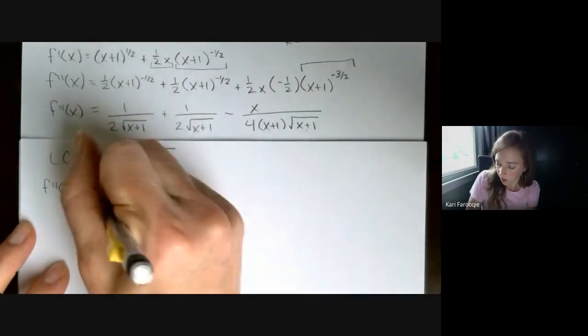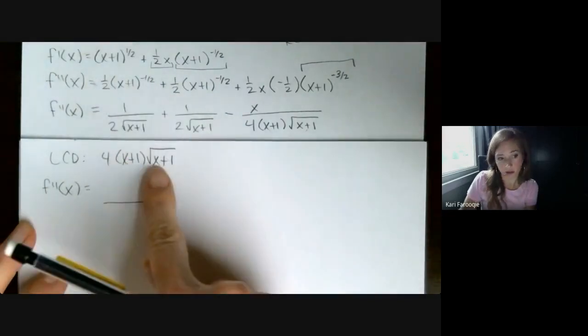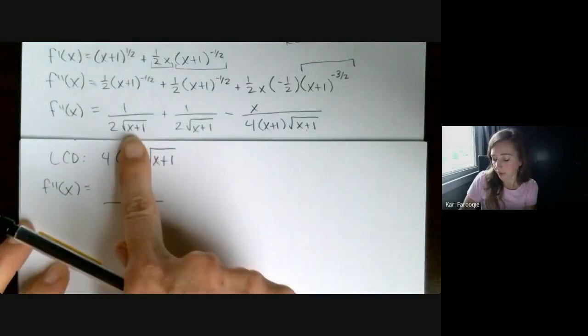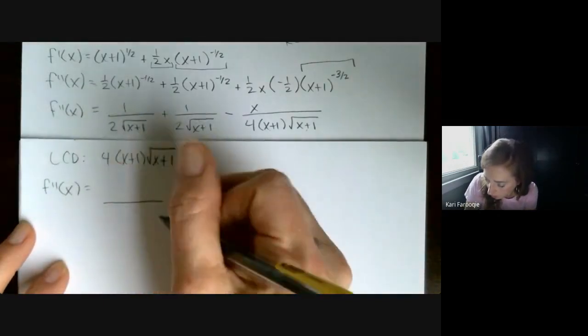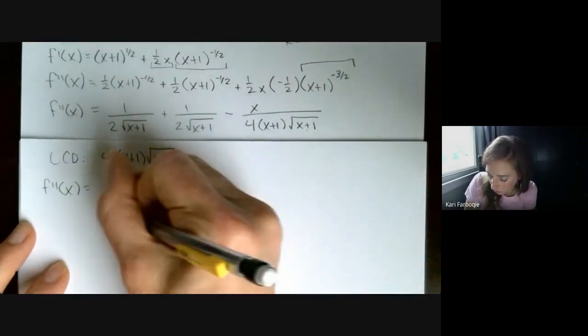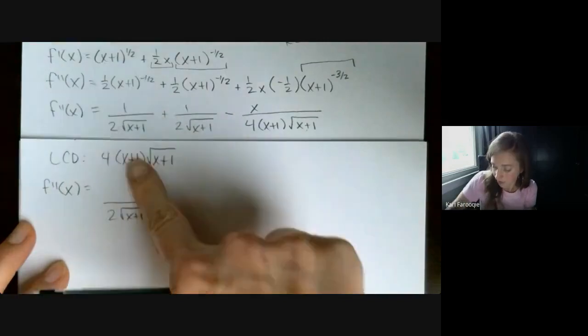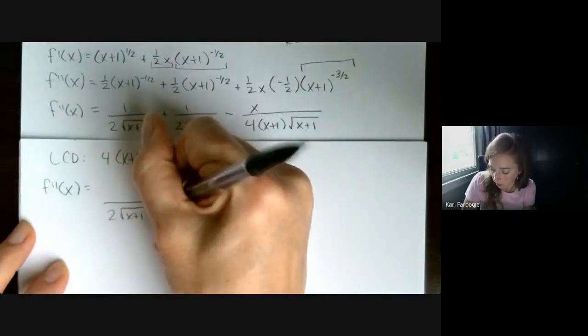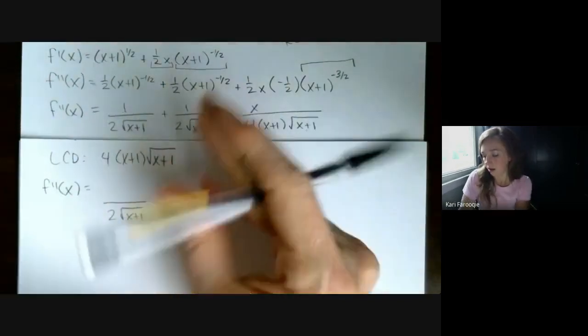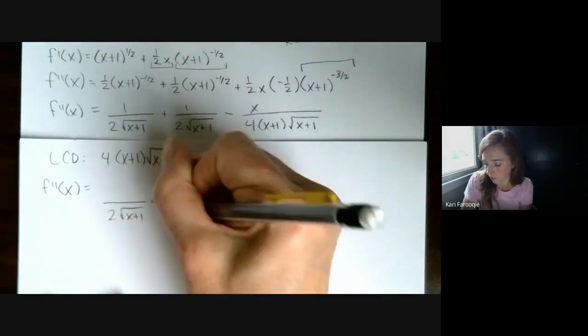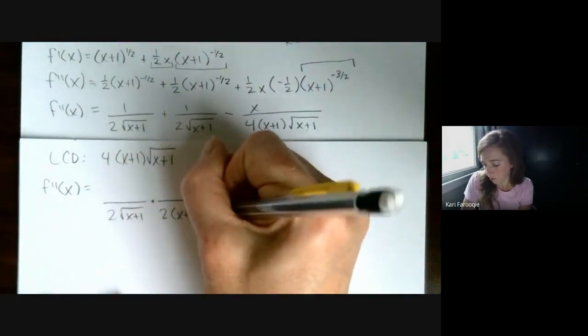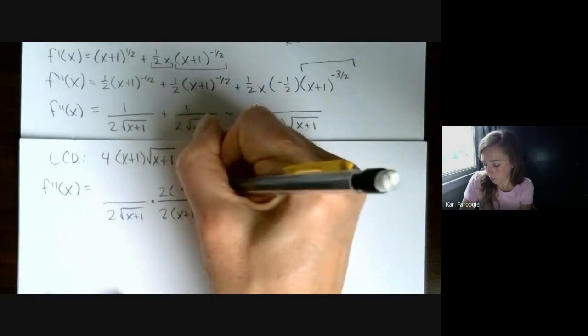I'm going to multiply each term by a quantity that will get me to this LCD. The first term already has a 2 and the square root of x plus 1. If I want to get it to be this LCD, then I need to also multiply it by another 2 and an x plus 1.